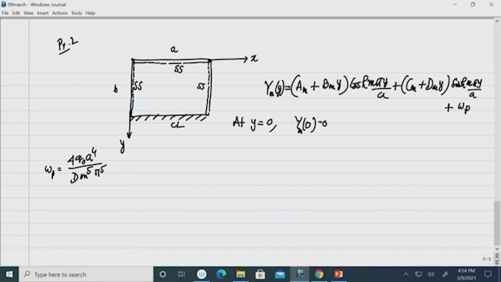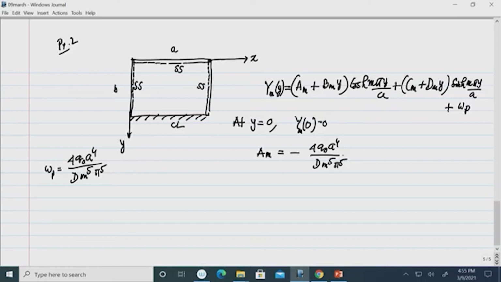Substituting y equal to 0, because cosh 0 is 1 and sinh 0 is 0, therefore we get here A m, and this term will vanish, equal to minus 4 q naught a to the power 4 divided by d m to the power 5 pi to the power 5.